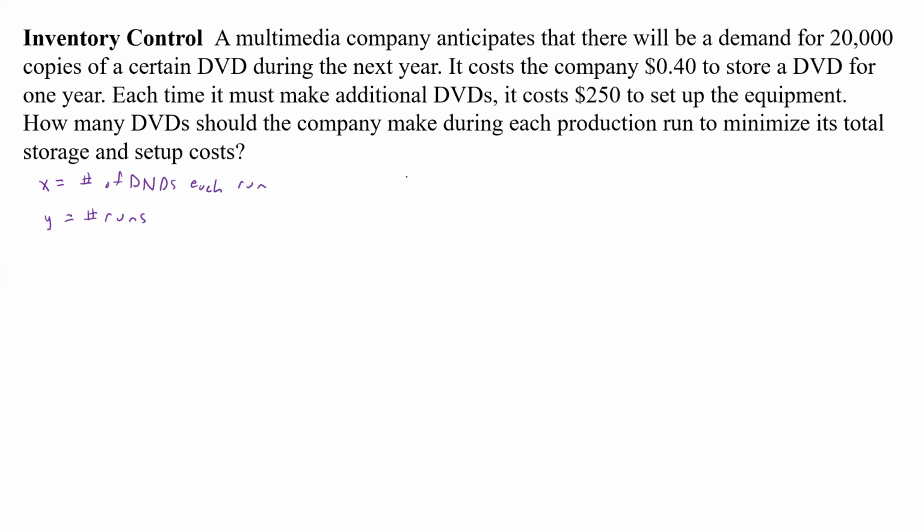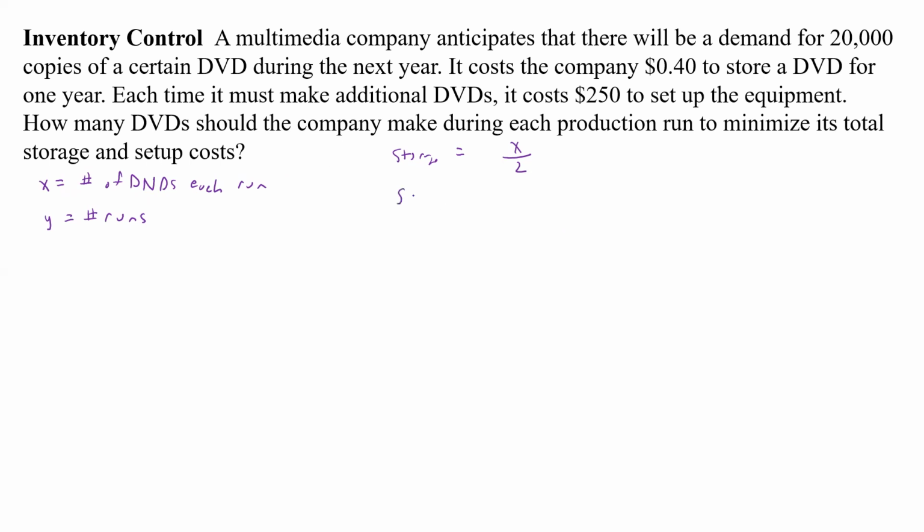Storage. We're going to have to store them, it says. So storage is going to be equal to what? Well, if we have so many DVDs for each run, we're going to have x, and then we take that and divide it by 2, because we're going to have at least half a year probably, so we divide by 2 to get the average.